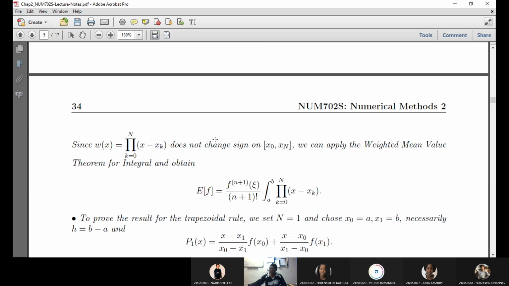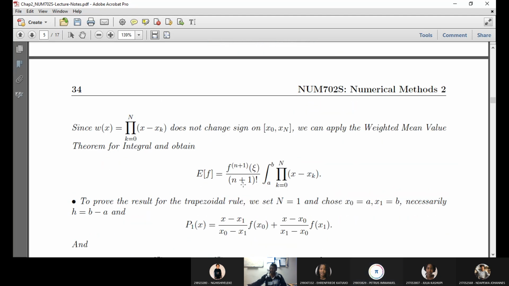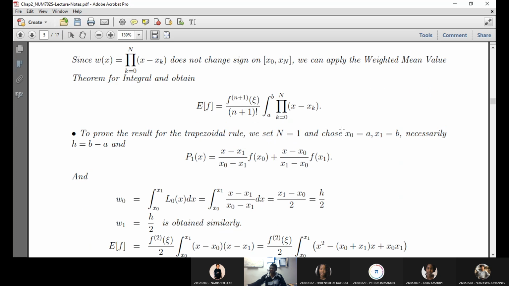That part. You see that it will be at the second point. We take it out of the integral, so we are here now. Right. And you can see that W(x), which is our capital G, as I called it in the previous slide, does not change sign on the interval x0 up to xn. So we apply the weighted mean value theorem and we get the result. So take that out, then we'll be integrating it. So this is our error term. Right.